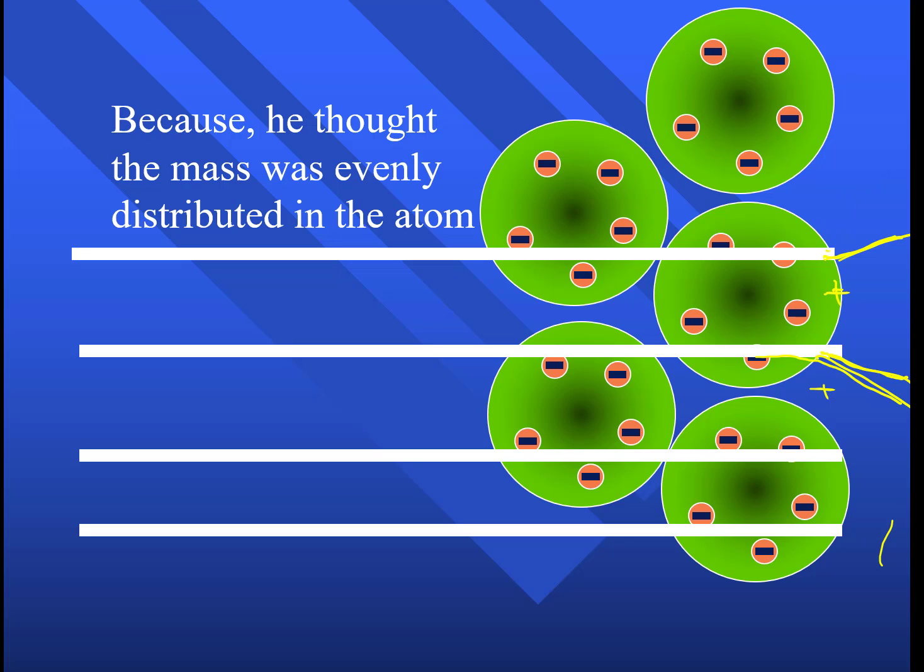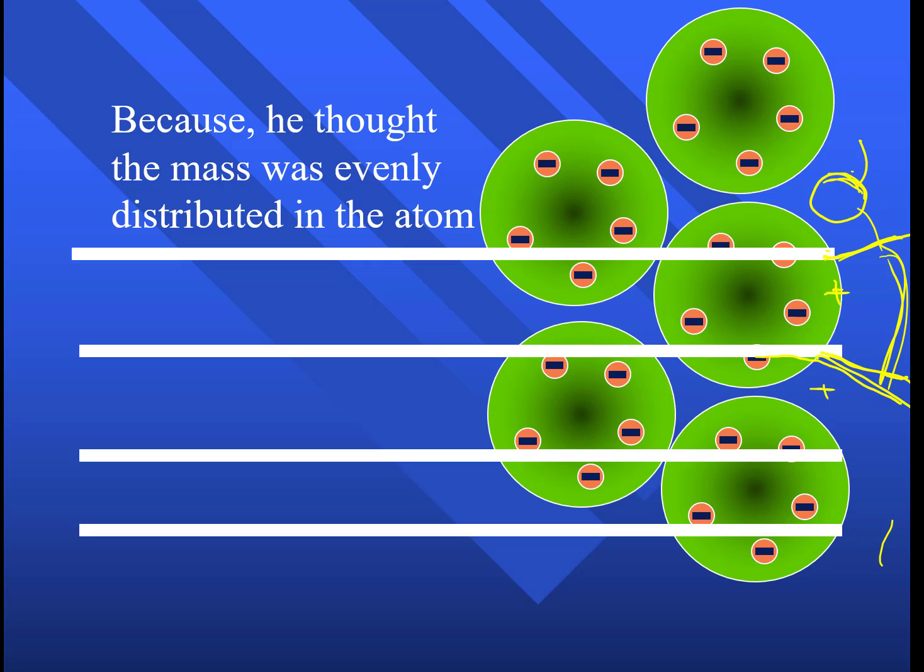And he knew the math that if he knew how much the beam spread, he could go back and calculate how big the thing was that made it spread. Because if you make the piece smaller, these curves are tighter and it spreads out more. Just like a more curved lens spreads the light out more, the more curved the atom, the more it's going to spread out the beam of alpha particles.